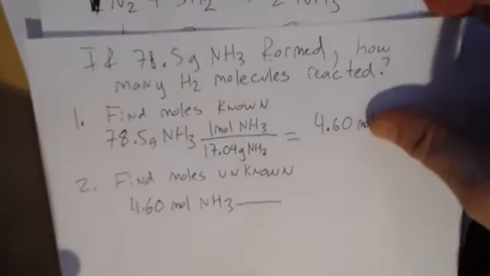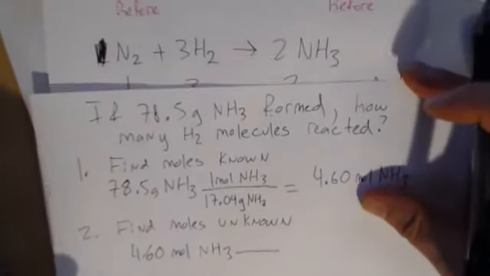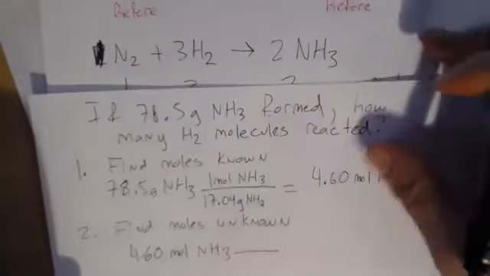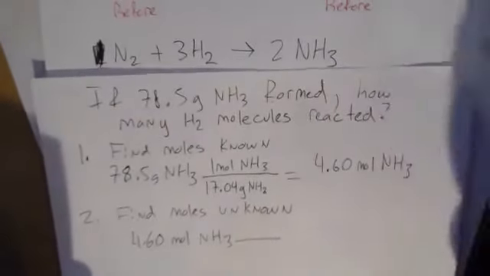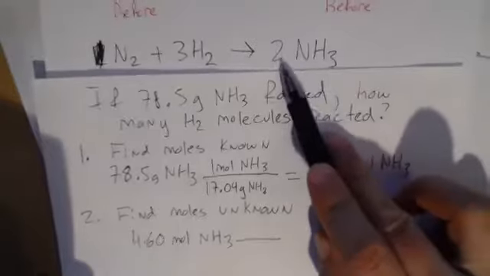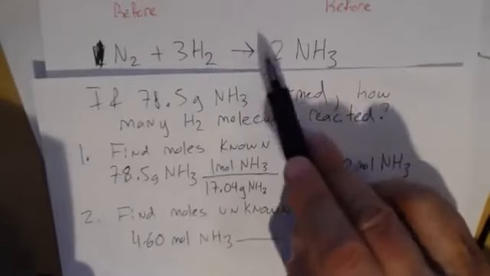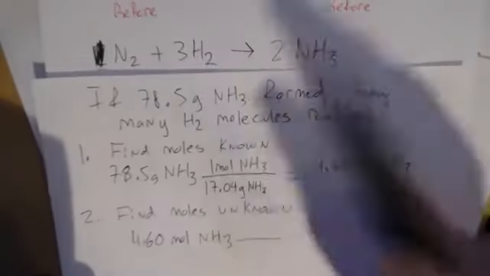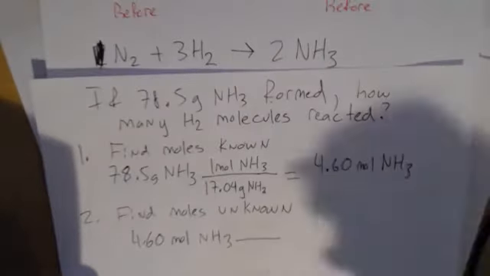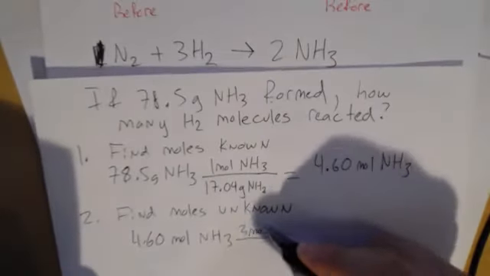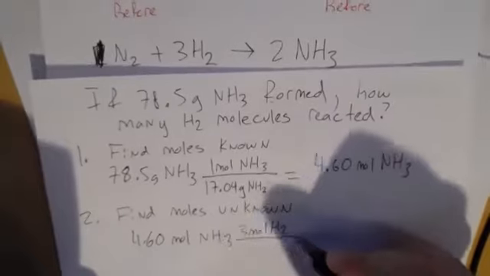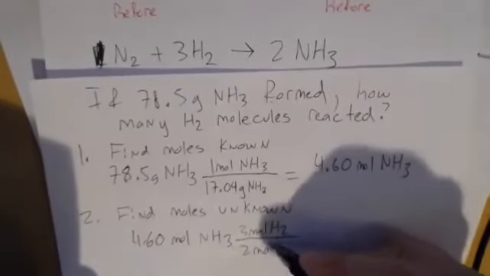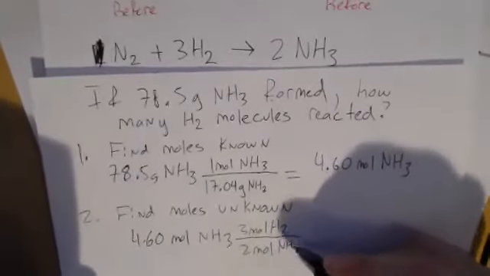What's the mole ratio? Wait, where's my balanced equation? Come back. Aha! Two moles of ammonia are formed from the reaction of 3 moles of hydrogen. So I want 3 moles of hydrogen on the top, 2 moles of ammonia on the bottom.